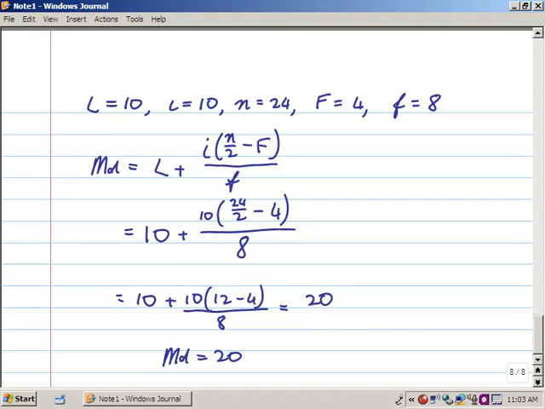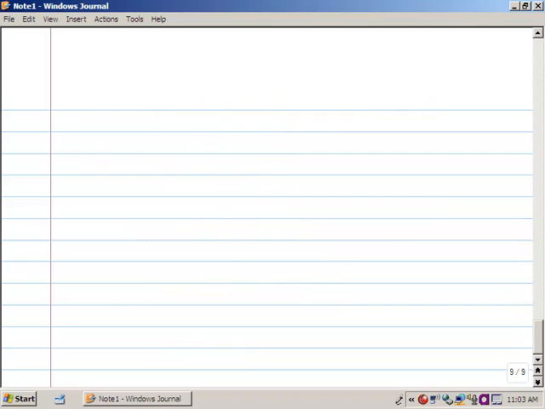Alright, what we're going to do now is to do this for another data set. Actually, I'm going to write out a data set, and hopefully you guys will pause the movie and try this yourself. So we'll call this data set 1H.